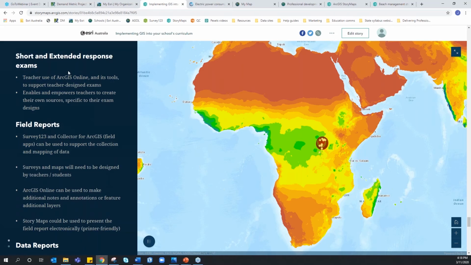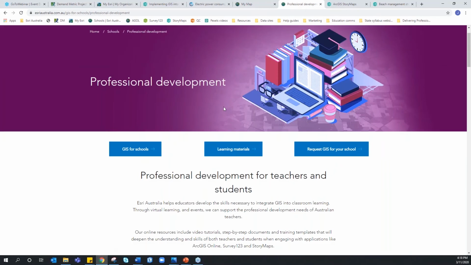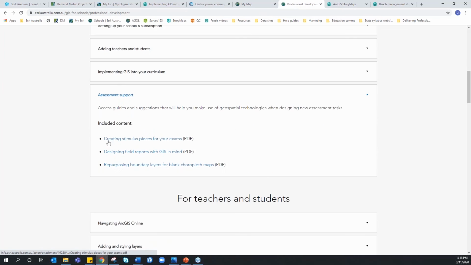Short and extended response exams. We touched on how teachers can create their own sources for their own exams. And I'll just show you, if we go to the professional development page of the school's website, there's a tab here called Assessment Support. And I've actually got a little bit of a PDF that explores some of those ideas a bit closer, how to create some stimulus pieces for your exam.